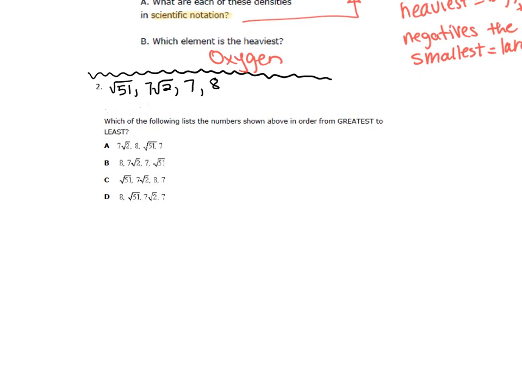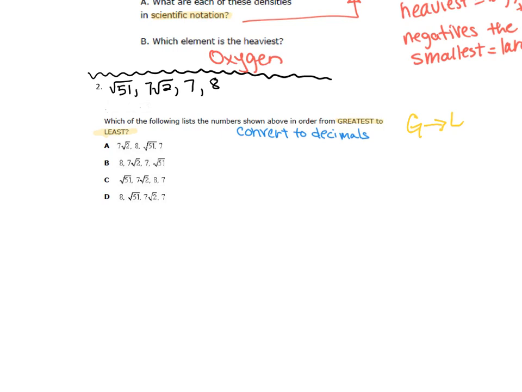Okay, number two, we're going to have to do some converting first. So let's convert these to decimals. Let's be mindful that they're asking us for greatest to least. So greatest to least.